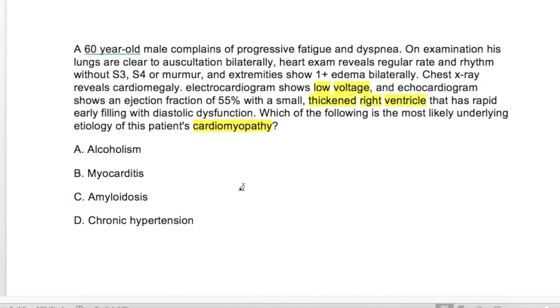Sustained chronic hypertension will cause a thickening of the left ventricle as well, but in this case, we're looking primarily at a problem of the right ventricle causing low voltage, and the most common cause of a restrictive cardiomyopathy is amyloidosis. Thank you.